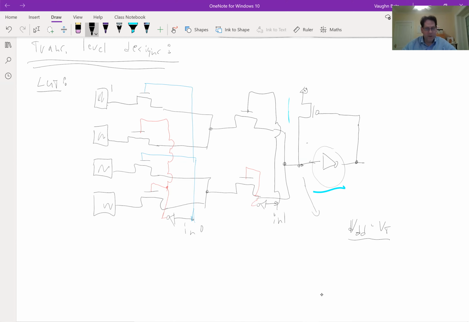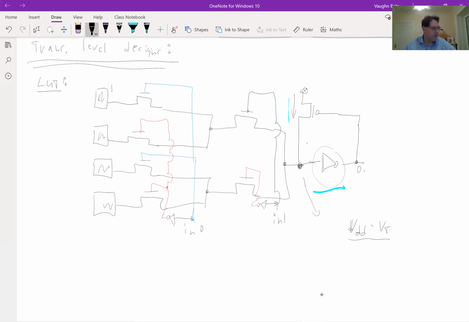That's enough that this inverter pulls this node low to close to 0. That turns this signal on, which will start dumping charge onto this node and pull it the rest of the way up to VDD. And once we pull it all the way up to VDD, this inverter will stop leaking. So we're all happy.